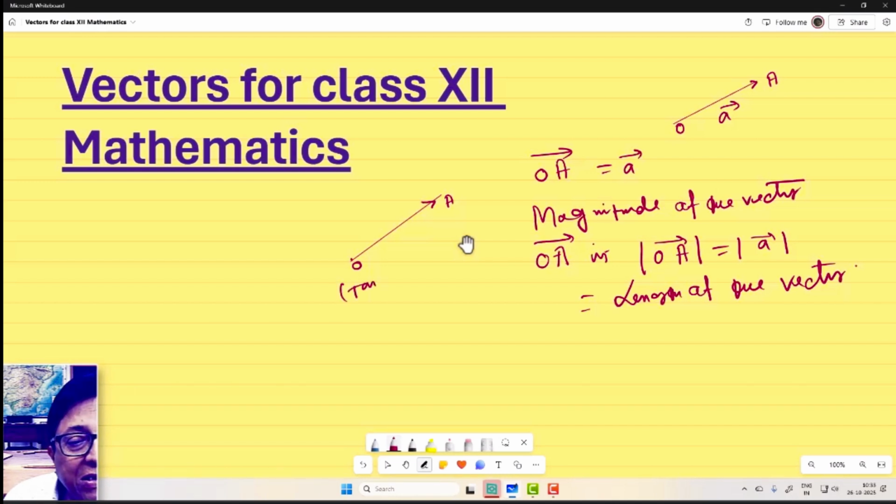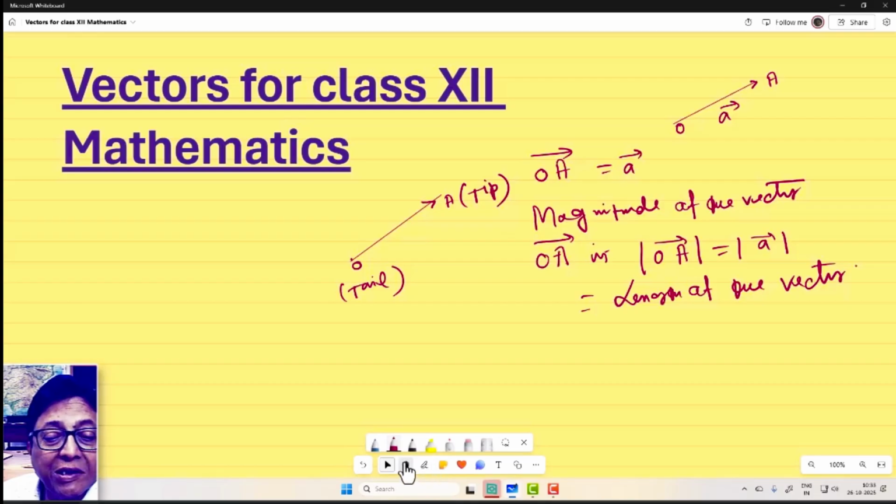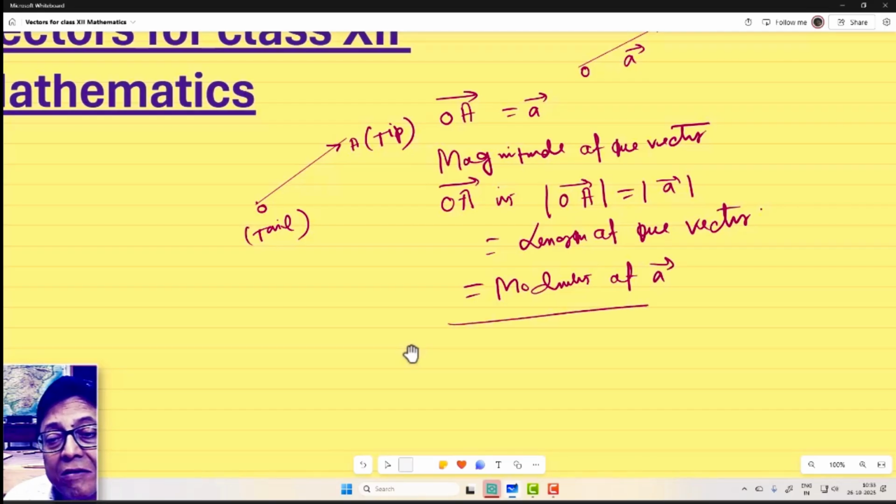This one is the tail and this is the tip. So the length of the vector is its magnitude. There is another name, called the modulus of the vector. Modulus of vector A. So it is the straight line distance between the tail and the tip.